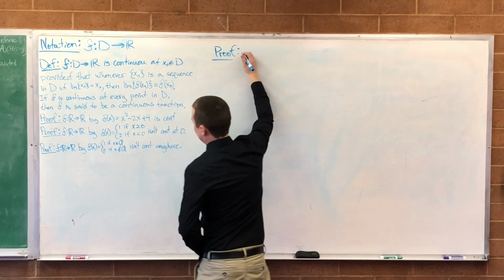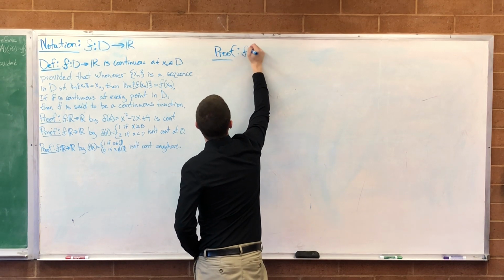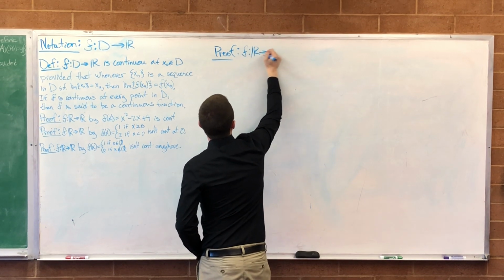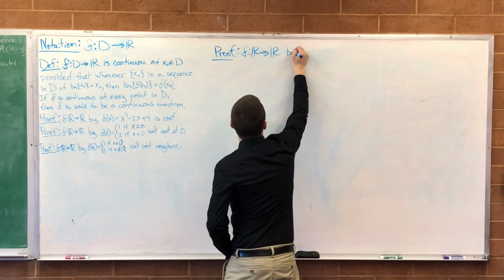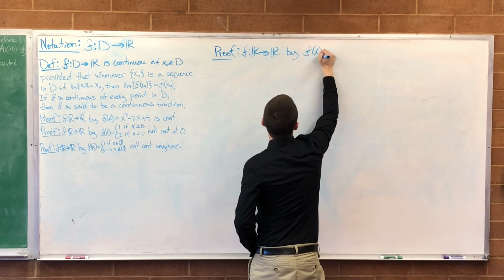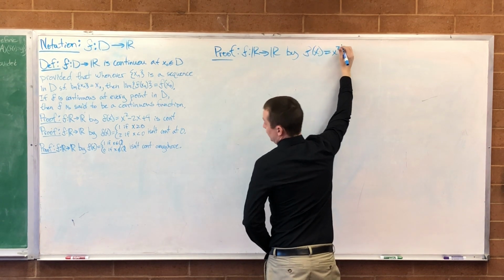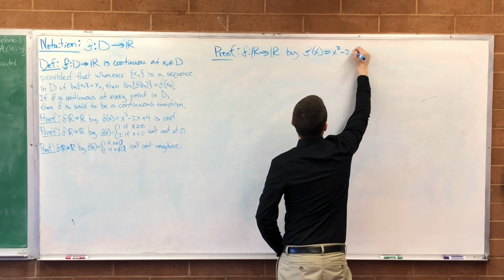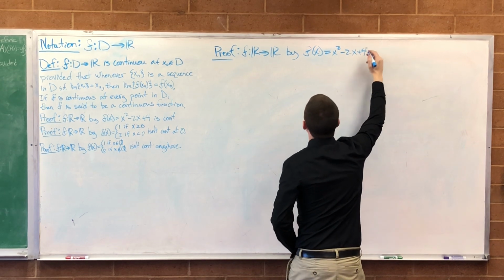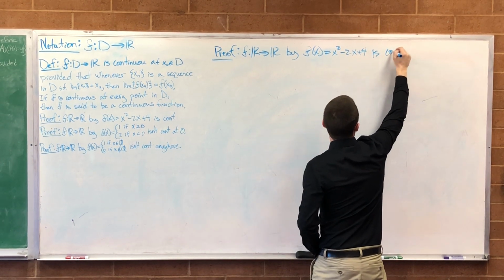So, proof: f from R to R by f of x equal to x squared minus 2x plus 4, doesn't matter, just some polynomial. We're going to prove that this is continuous.